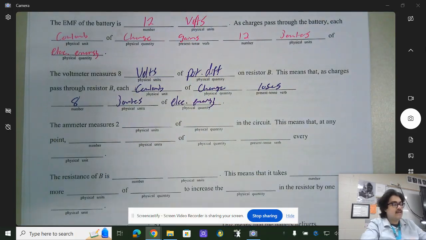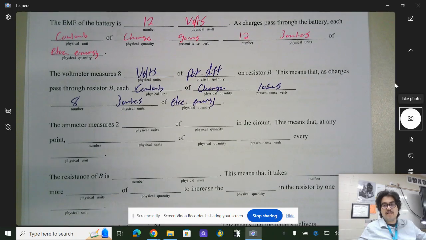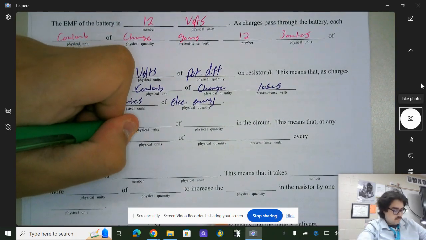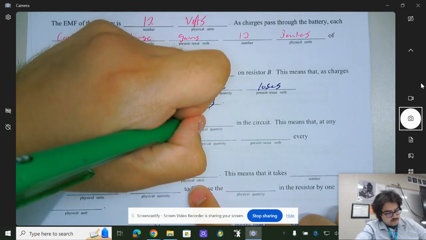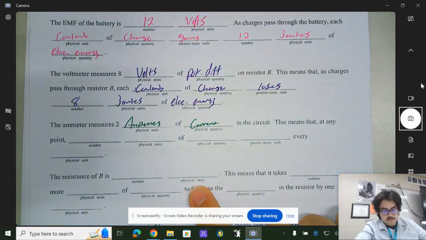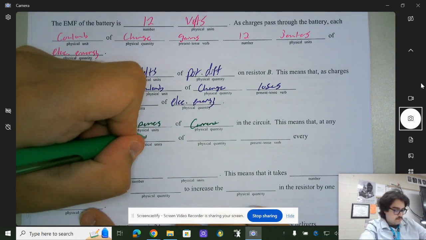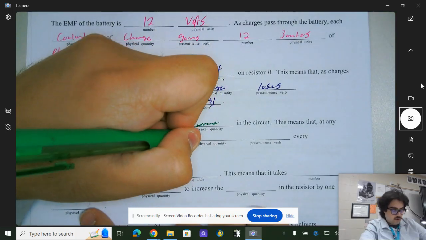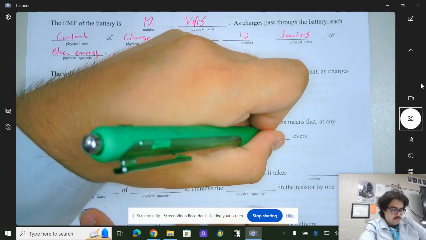The ammeter measures 2 amperes, or amps, of current in the circuit. This means that at any point, 2 coulombs of charge pass every second.